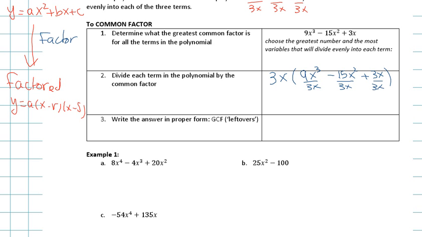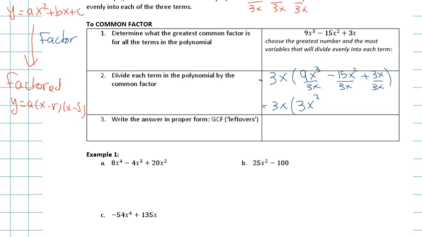If I actually simplify, because I can't leave them like this, right? So 9x cubed divided by 3x, what did we say it is? 3x squared. Now, negative 15x squared over 3x is negative 5x, because 15 divided by 3 is 5, and x squared divided by x is x.